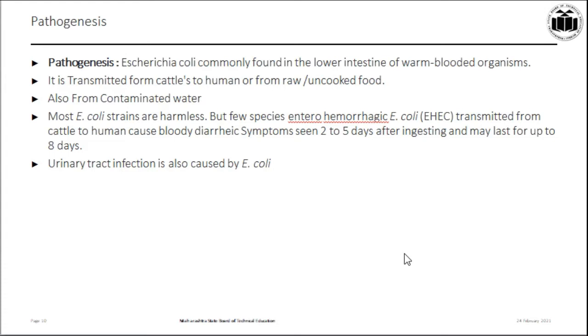But a few species of E. coli cause enterohemorrhagic disease, which ultimately results in a very specific diarrhea called bloody diarrhea. The symptoms of this bloody diarrhea are seen in 2 to 5 days, and also blood in the stool sample.